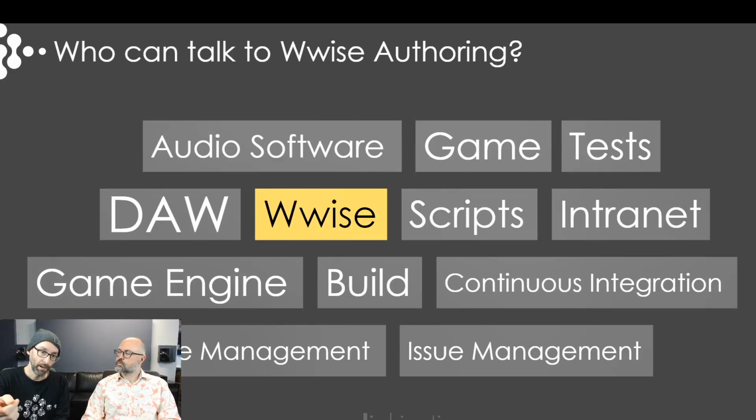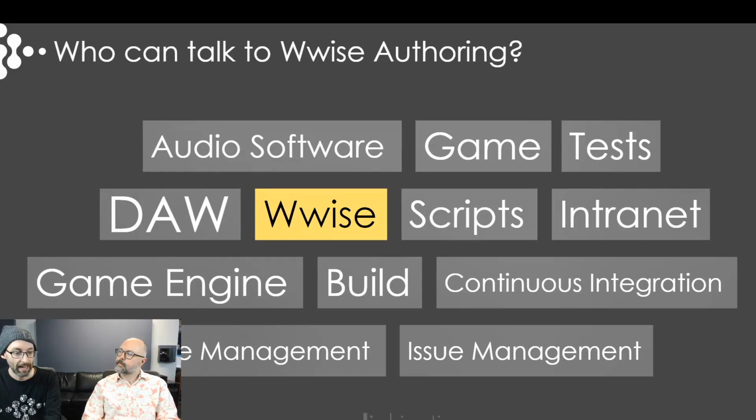So audio software. Right now we have SoundMiner and Basshead. They have integration with Wwise. It's using WAAPI. So these are sound database programs that manage your WAV files and sound libraries, and we have WAAPI scripts that allow you to just pull content from those in different ways directly into Wwise.